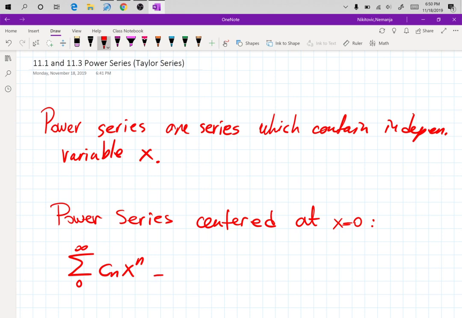And we are going to write this out as when n is equal to 0, we get C0, x to the 0 is 1, so don't worry about it, plus C1x plus C2x squared plus C3x cubed plus C4x to the 4 plus ... going forever. It goes to infinity.